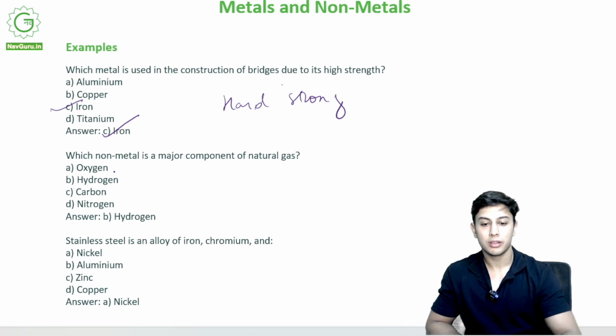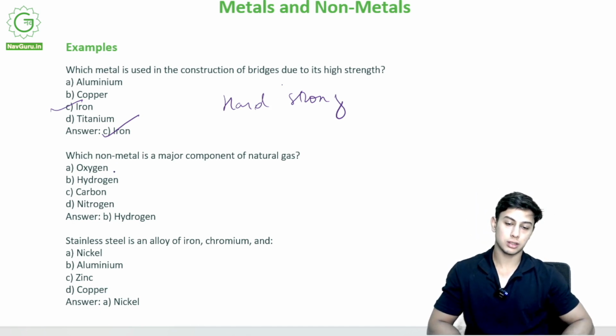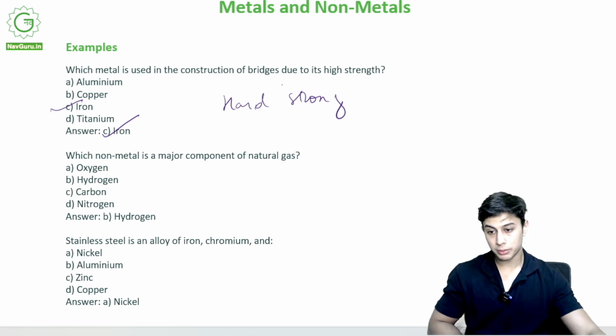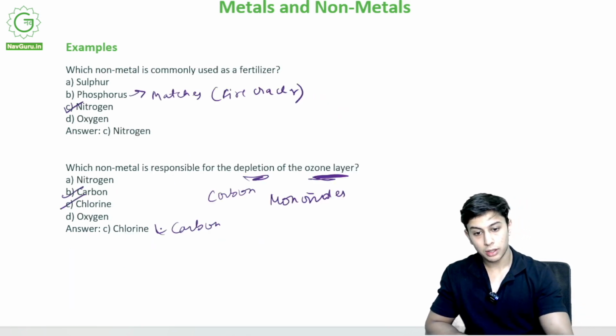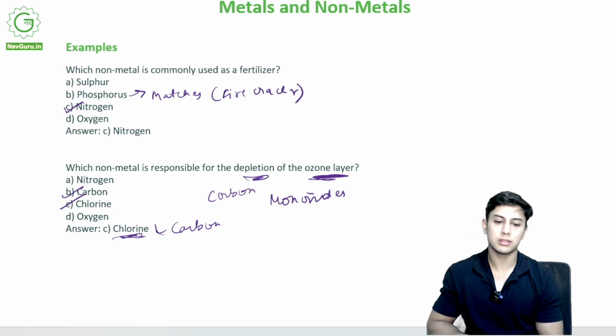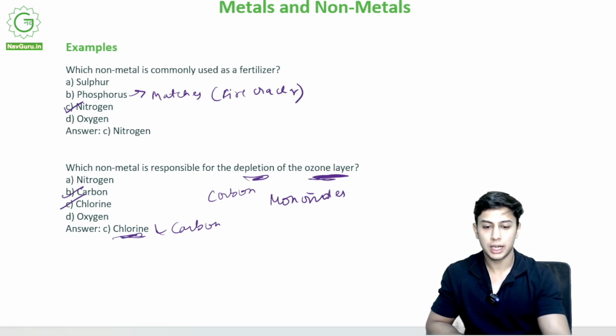Before we come to the next question, let's go back to this one. How does chlorine deplete the ozone layer? I'll tell you how. Remove carbon for that matter, just chlorine.